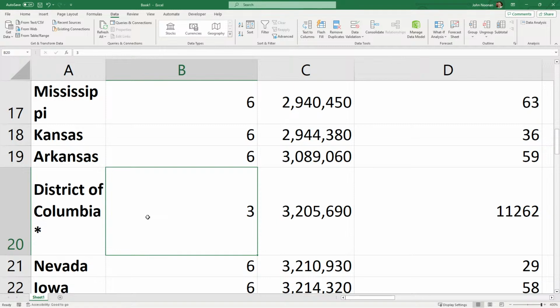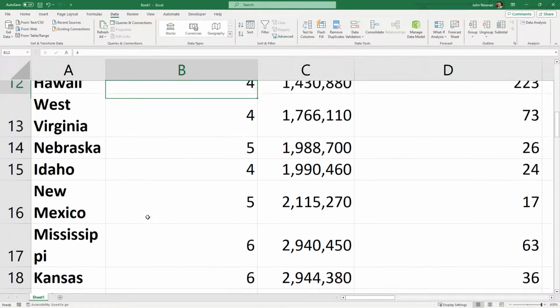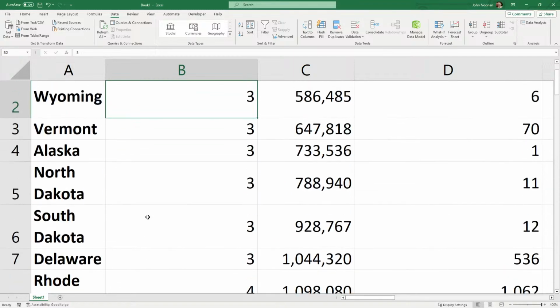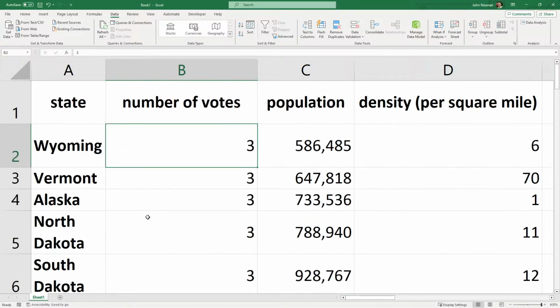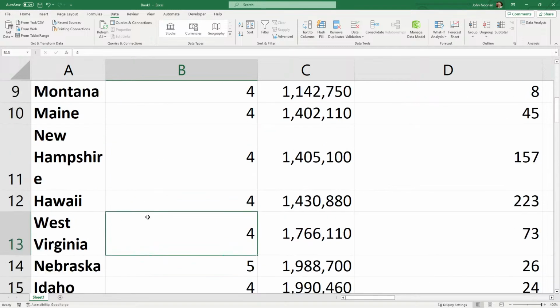So technically, those people in the District of Columbia are not represented in Congress, nor in the Senate. Even though there are more people there, wait, are there more? Yeah, there are more people there than many states. You can look at these smaller states. There are 3 million people apparently in the District of Columbia, and that's 6 times Wyoming, the smallest state. So anyway, I have an issue with that.